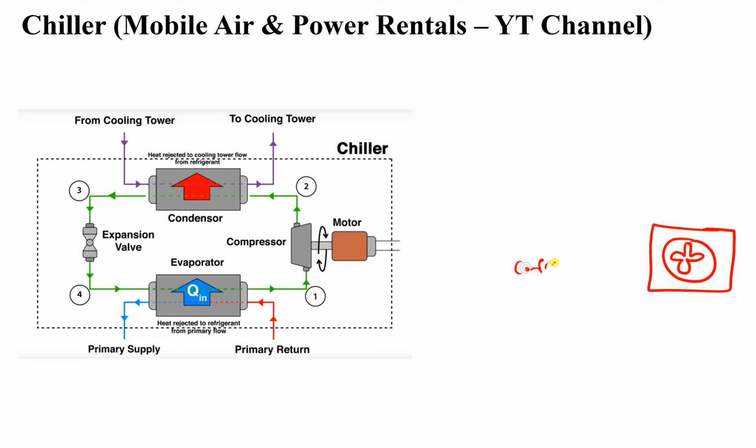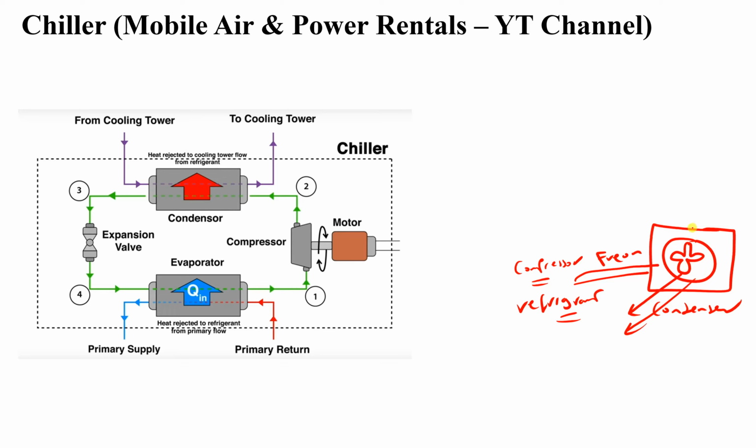First we have the compressor that compresses the refrigerant like Freon, and it provides this compressed Freon to the condenser, which cools it down by dissipating this heat using the fan, exactly similar to the DX system.